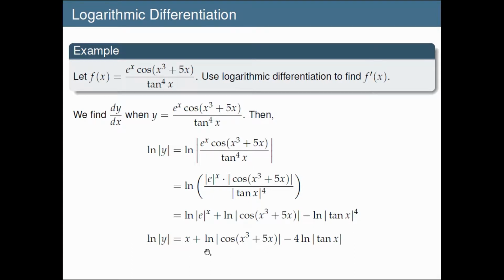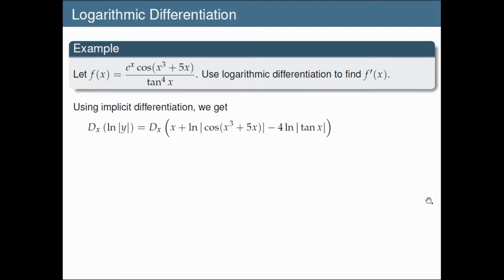So dito sa equation na to, dito tayo mag-implicit differentiation. Taking the derivative of both sides with respect to x. For the left hand side, we have 1 over y dy over dx. We equate this with the derivative of the right hand side. Derivative ng x equal to 1.